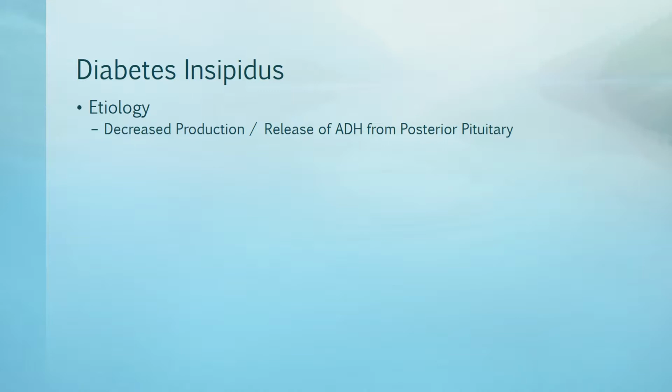Usually it's a result of damage to our hypothalamus or our pituitary gland. Remember, our pituitary gland is the one responsible for ADH. Things that can cause this can be head injury, neurosurgery, pituitary tumors, brain infections, because all of this can cause swelling in our brain.